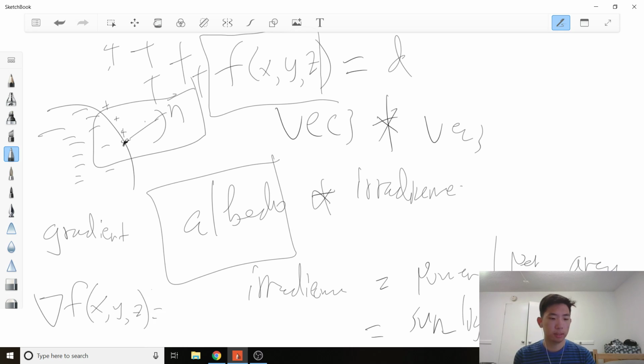So if I have a function with three inputs, the gradient of the function returns a vector that gives us the direction in which, if we go along that direction, the output will increase the most, which is kind of what the normal is in this case, because if we go along the normal, we increase the distance the most because it's pointing the most outward, right? And the way you obtain it is, the first component is the partial derivative of f, the function, with respect to the first component, and so on.